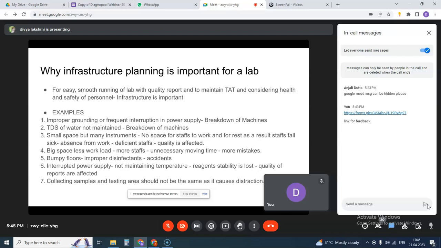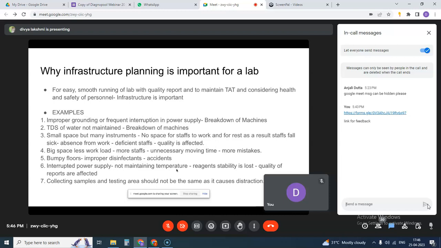If the lab is very big with less workload and more staff, what will happen? Unnecessary moving around time, and they tend to make more mistakes. If the flows are not smooth and regular, with bumpy flows, improper disinfectants and accidents can keep occurring.